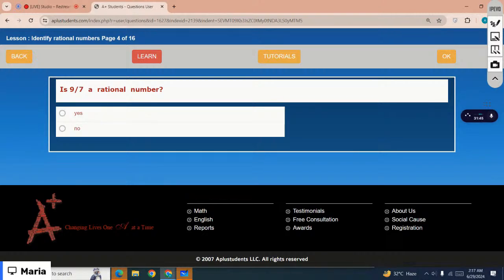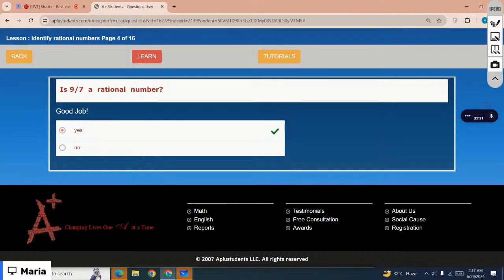Is 9 by 7 a rational number, which is the correct option? The correct option is yes, 9 by 7 is a rational number. Option number 1 is the correct option.